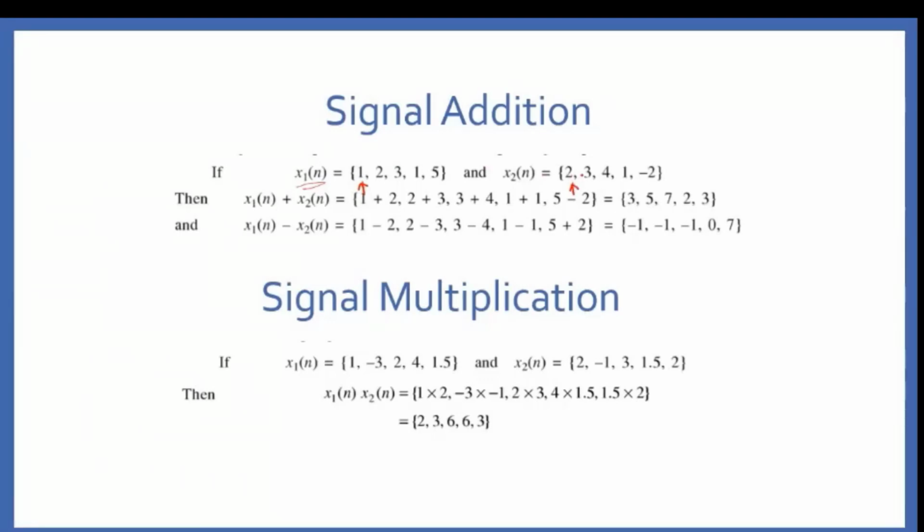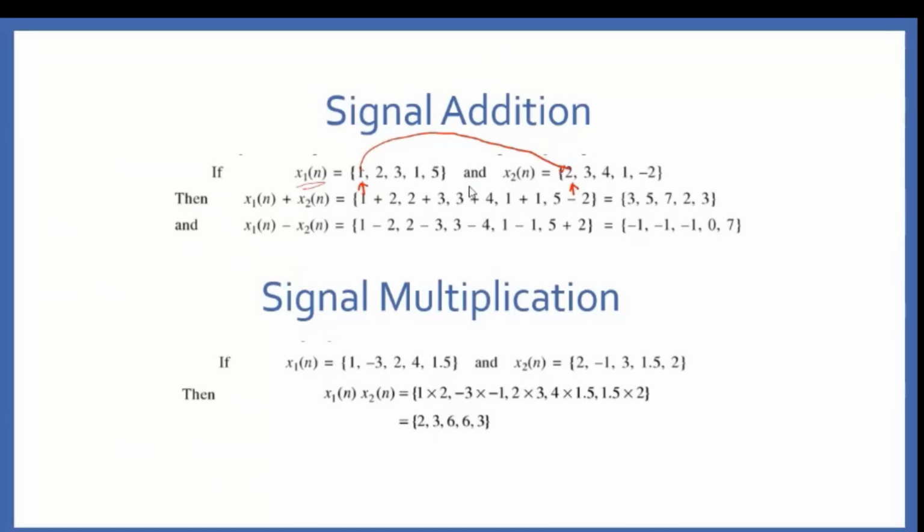Just mention there that you are assuming the first value is the value at 0. Then what is done next is we have just added pointer to pointer, that is 1 plus 2, 2 plus 3, 3 plus 4, 1 plus 1, and 5 minus 2. Do you see, understanding? Very easy.